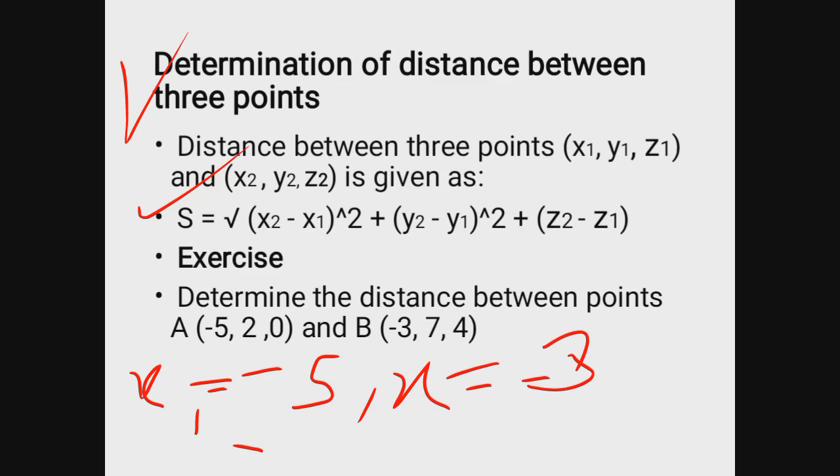Let's use the next slide, it seems this slide cannot accommodate that any longer. So x1 equals -5, x2 equals -3, y1 equals 2, y2 equals 7, z1 equals 0, z2 equals 4.